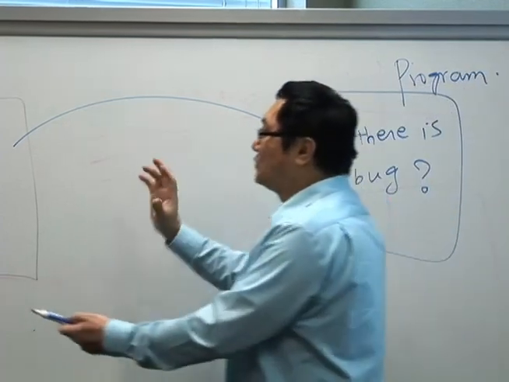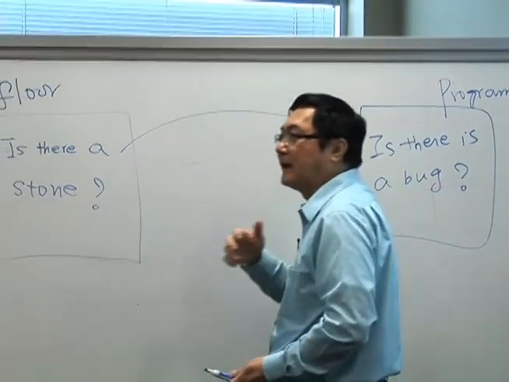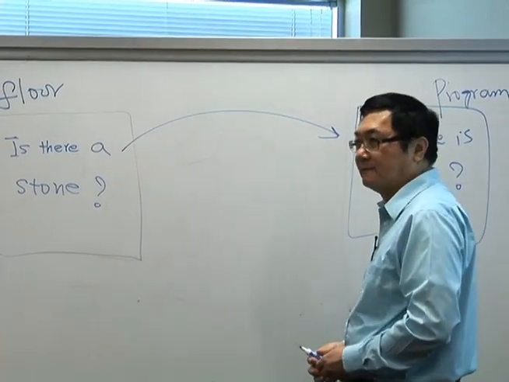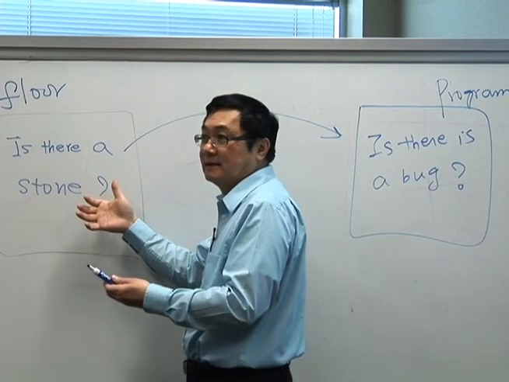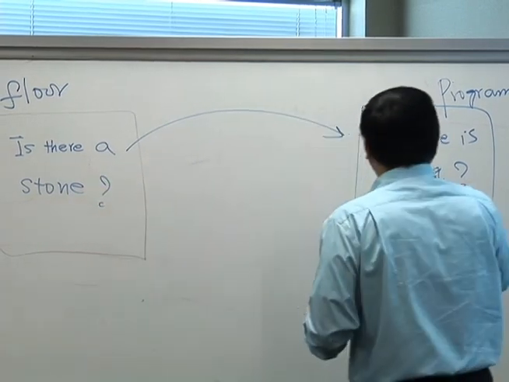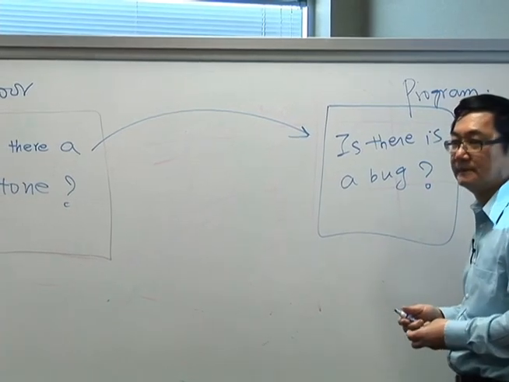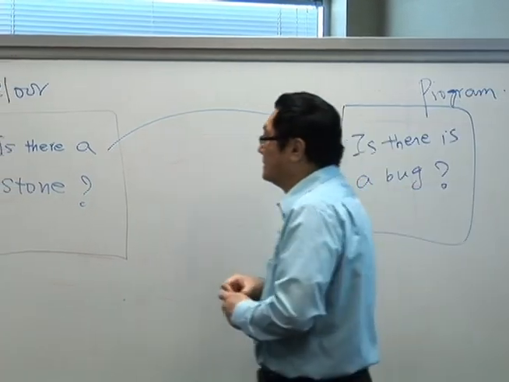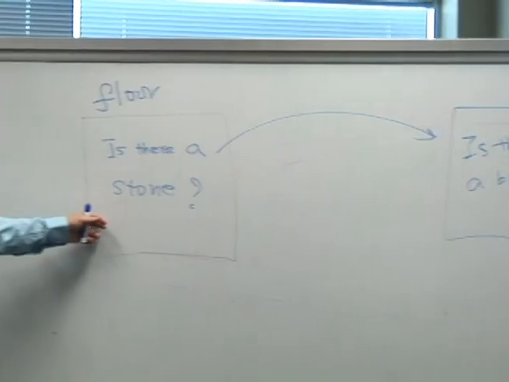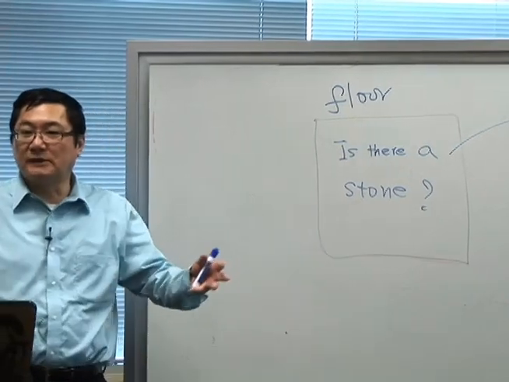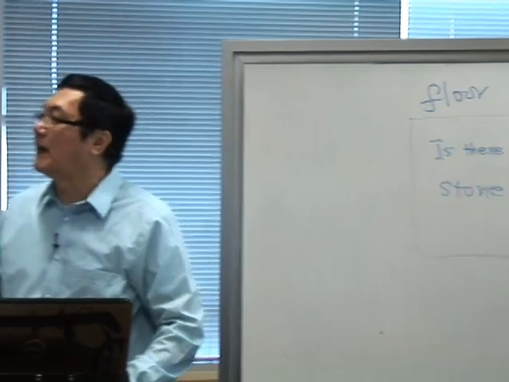Okay, if we know how to search for a stone, then we probably can learn something from this example and apply a similar technique to help us determine whether there is a bug in the program. Okay, to solve this question, any suggestion? If I ask you whether there is a stone on the floor, what are you going to do?